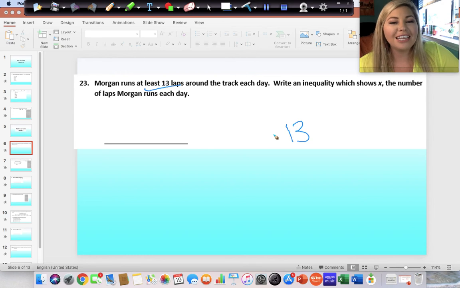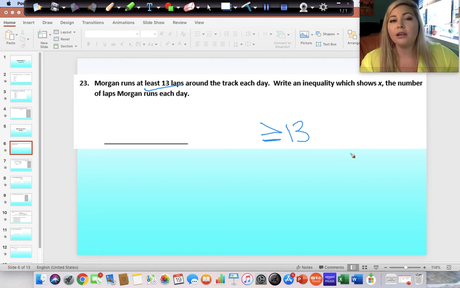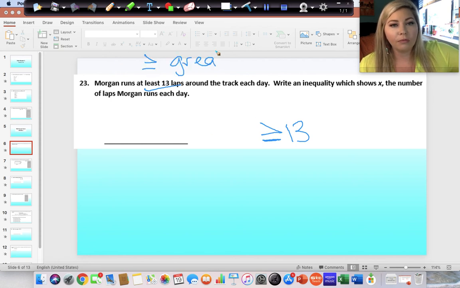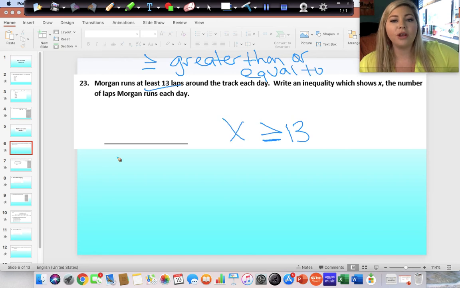She runs at least 13, so she could run more than 13, or she can run an equal amount of 13, but she does not run less than 13. So at least is a greater than or equal to sign. So x is greater than or equal to 13. That's our answer.